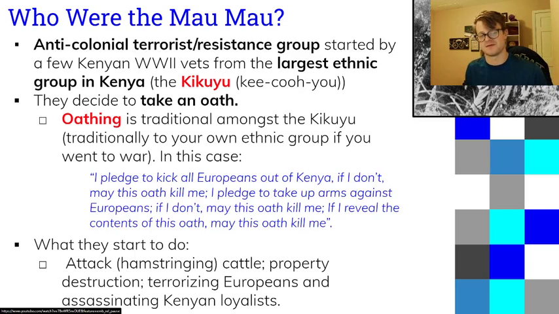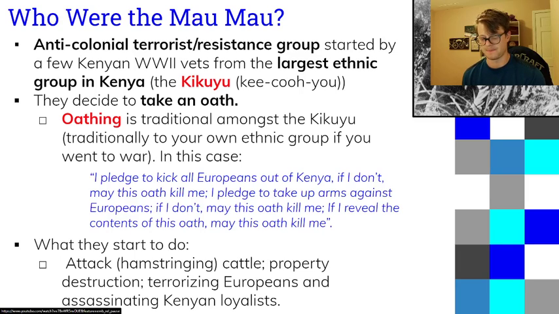Let's nail down specifics. The Mau Mau were an anti-colonial terrorist/resistance group, and they were started by a few of those Kenyan World War II vets. And the Mau Mau overwhelmingly come from the largest ethnic group in Kenya, who are called the Kikuyu. Okay, there are many ethnic groups, Somalis and others in Kenya, but the Kikuyu are the largest.